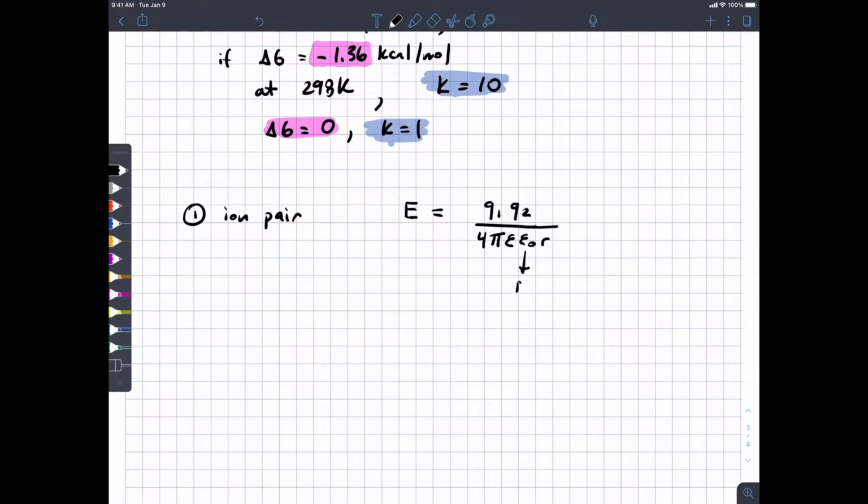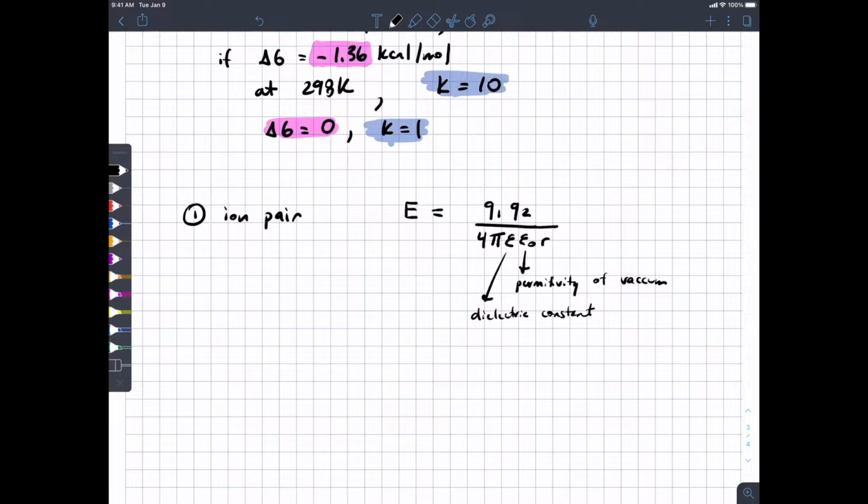Epsilon naught is the permittivity of a vacuum. And then this number epsilon here is something called the dielectric constant. And it's related to how much more or less permittivity a particular medium has relative to a vacuum.